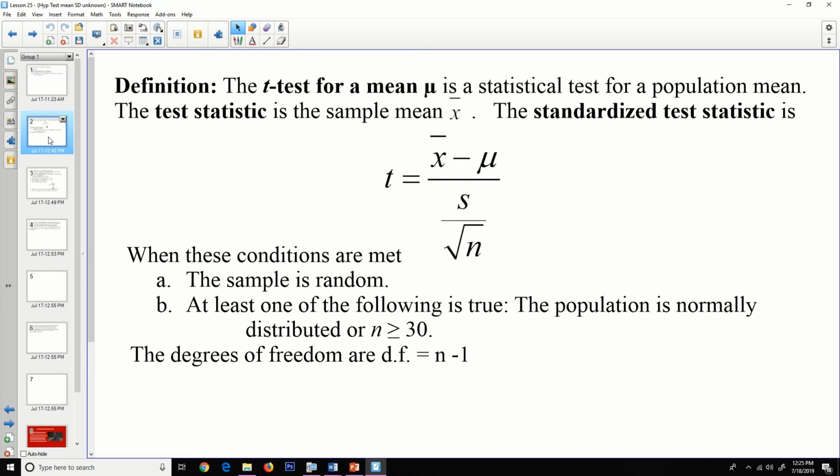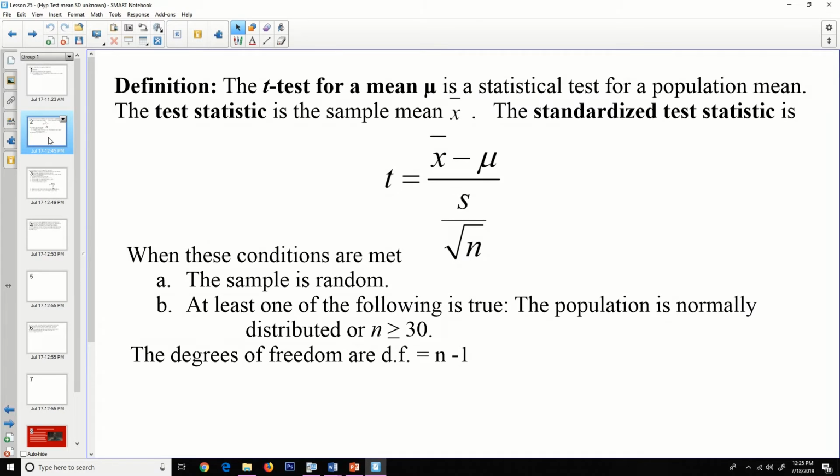Okay, so once again, when the standard deviation is not known, and when I say that, I'm talking about the global standard deviation, we're going to have a t-distribution, which is a little bit different than the standard normal distribution. But the t-test for a mean is the statistical test for a population mean. The test statistic, again, is the sample mean.